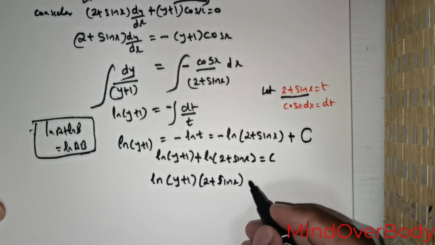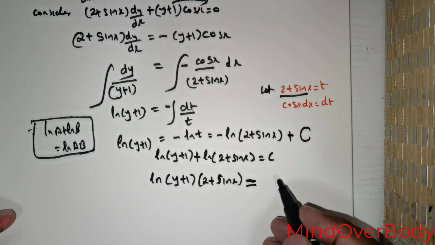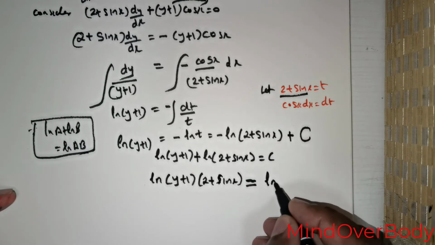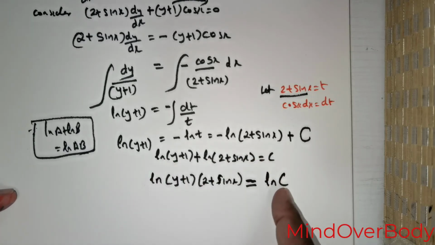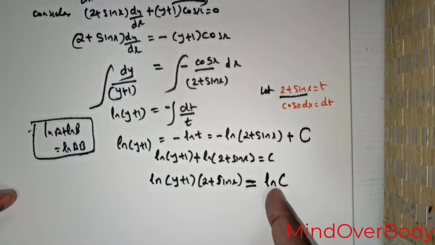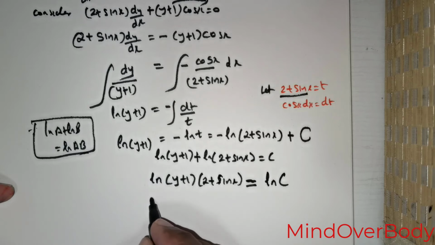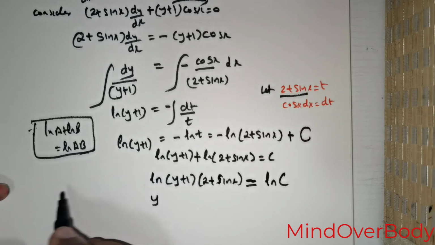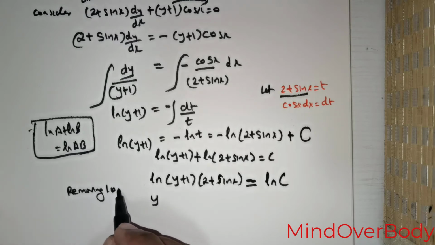Right. Now this c, I've got a c here, and I want to rewrite this as ln c, because you have logarithmic quantities on the left hand side. You can very well use a logarithm to represent this c. Now removing log on both sides. Don't say cancel them, just use the words removing log from both sides.